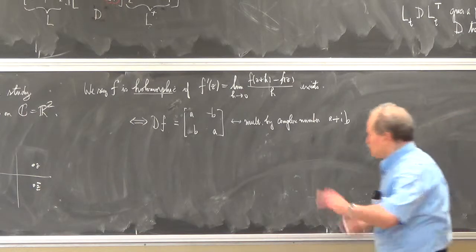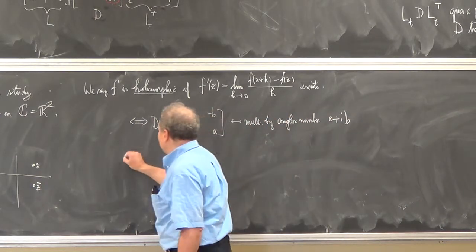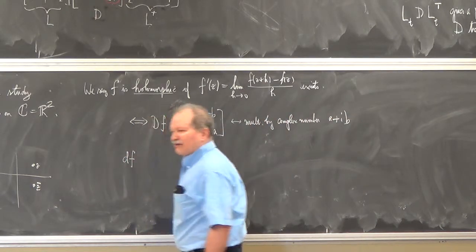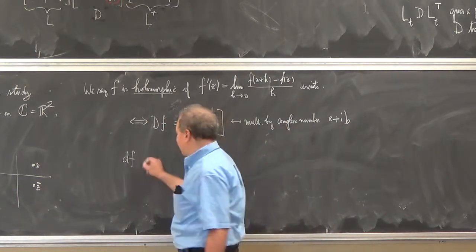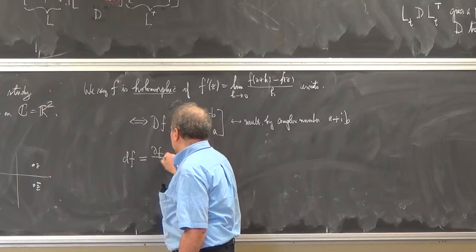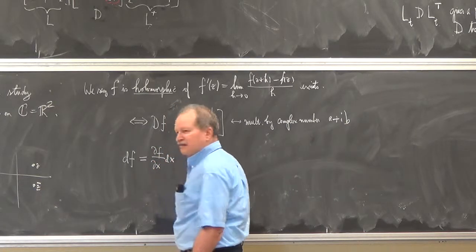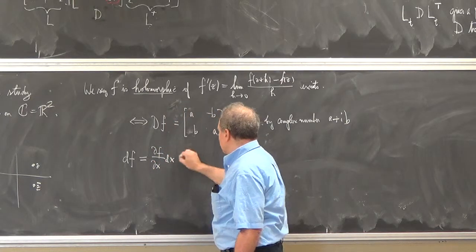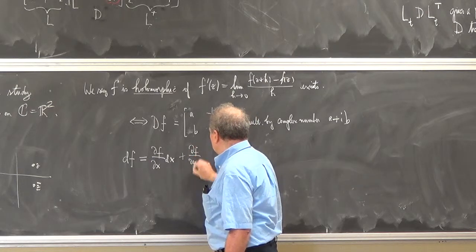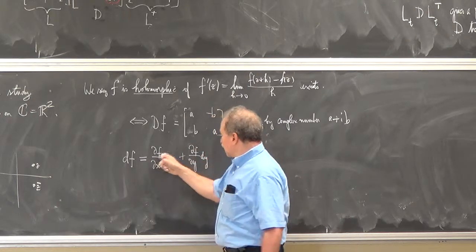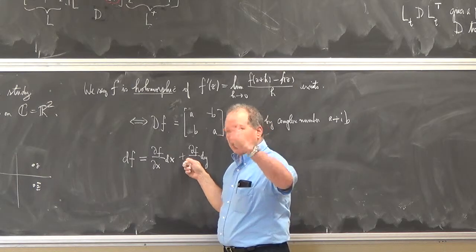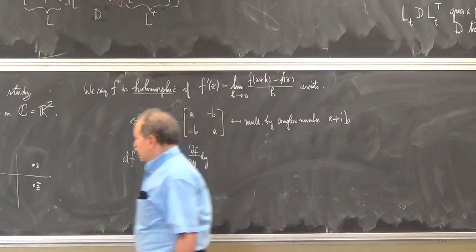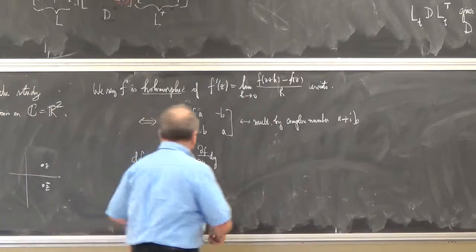All right, so here's what I want to show you, because this is cool. Write out df. Remember this? Let's review for the final. What's df? It's partial with respect to x, dx, plus partial with respect to y, dy. Now, in this case, f is a vector function. It's got complex values. But now look, I don't like x and y anymore.